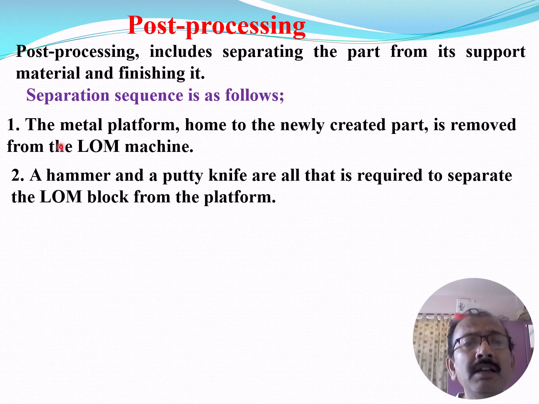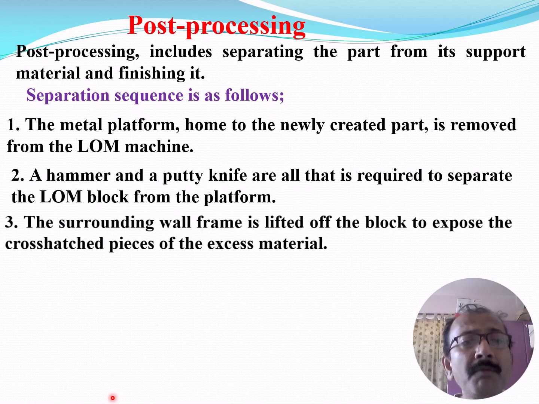Number one, the metal platform holding the newly created part is removed from the LOM machine. A hammer and a putty knife are all that is required to separate the LOM block from the platform.